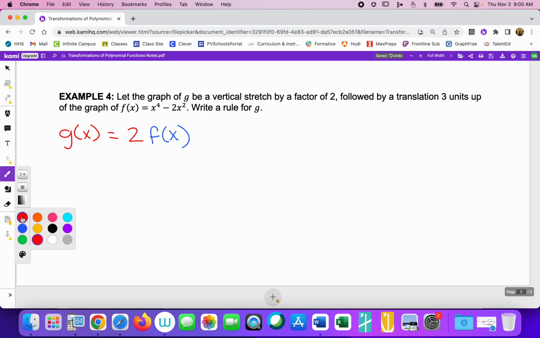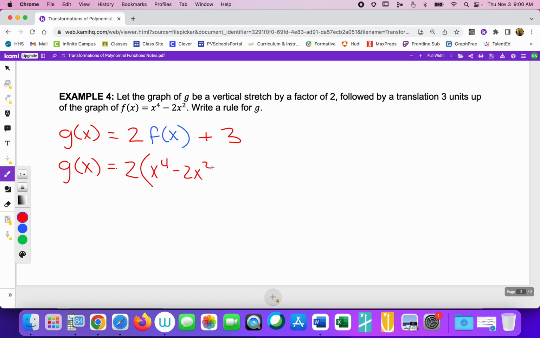Anything else happening? And then up 3. So how do we show that? You're going to add a 3 on the end. So the f of x function is going to go right here by substitution. So we have g of x equals 2 times our f of x function, x to the 4th minus 2x squared. And then the plus 3 gets tacked on the end.